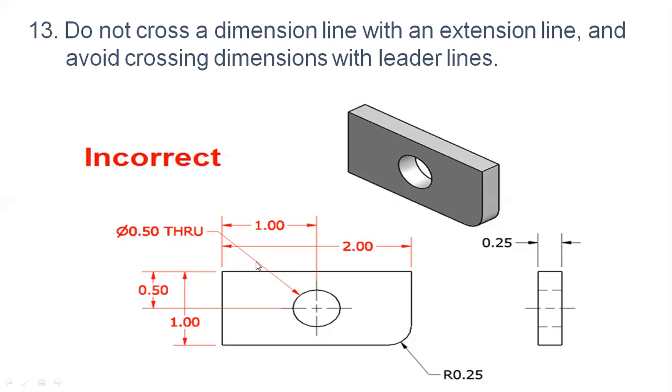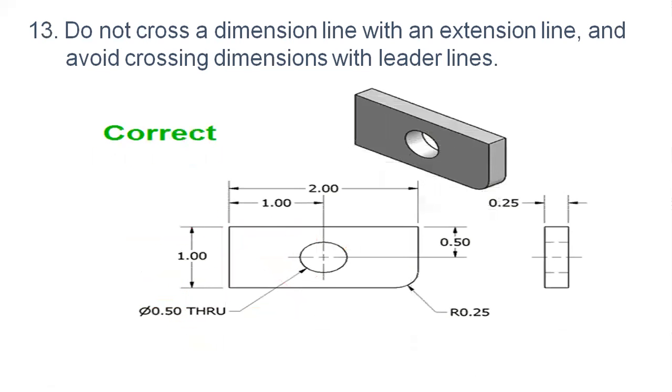and this is the circle with the leader line crossing the extension lines and the dimension lines as well. To avoid the same thing in this picture, your dimension line, extension lines and the leader line should not cross each other. You should show the feature dimension separately, not crossing your extension lines and dimension lines.